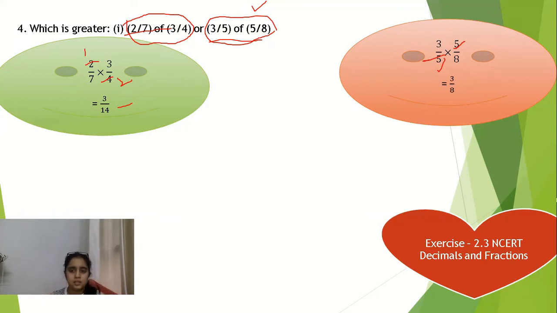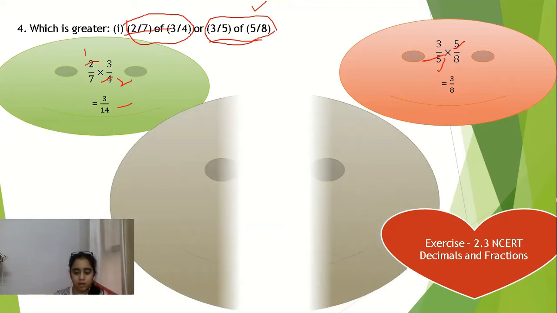Now we have these two numbers, that is 3 upon 14 and 3 upon 8, and we have to find out which number is greater. In order to compare any fractions, first we have to make the denominator same by taking the LCM of the denominator values. Then we will compare the numerator values.